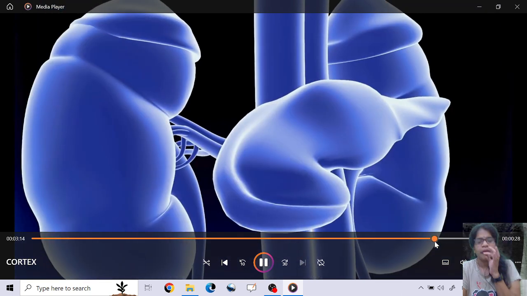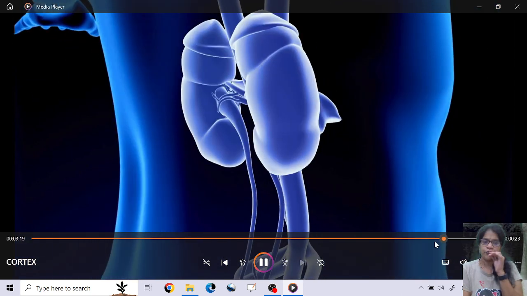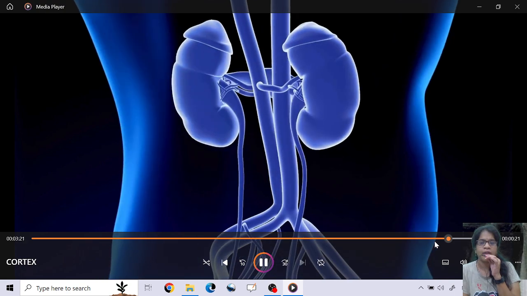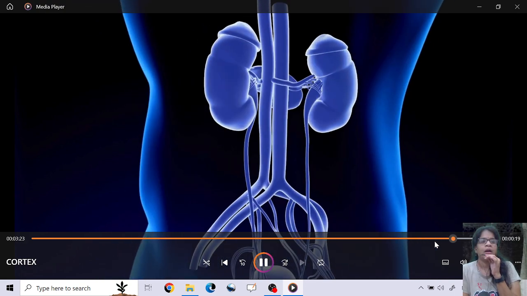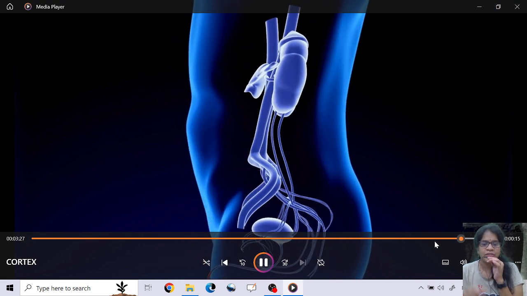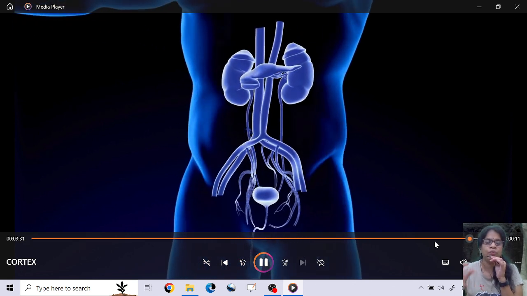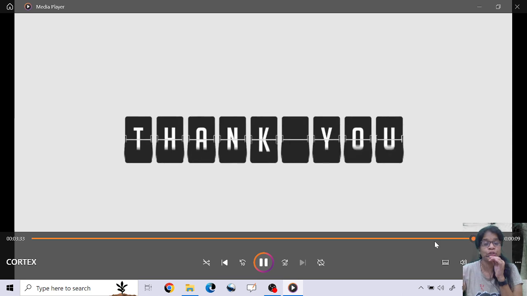Hope you are all clear with the structure and function of the unit of your kidneys called nephrons, how it looks, where they are situated, and how blood is supplied to it. So these are all the structural analysis. In the coming class, I will discuss how the urine changes into hypertonic, or how it moves into hypotonic, how it changes itself, and how homeostasis is maintained in the body.